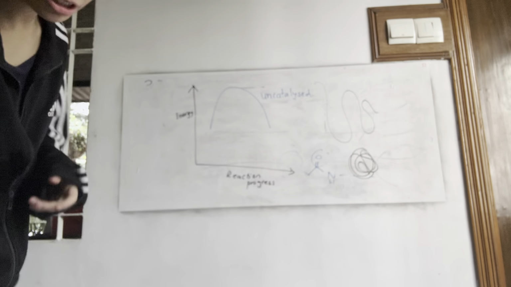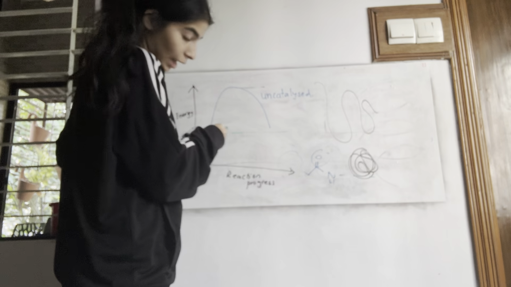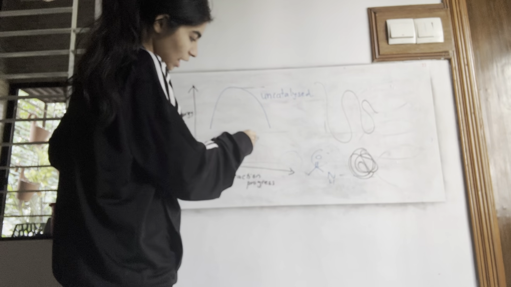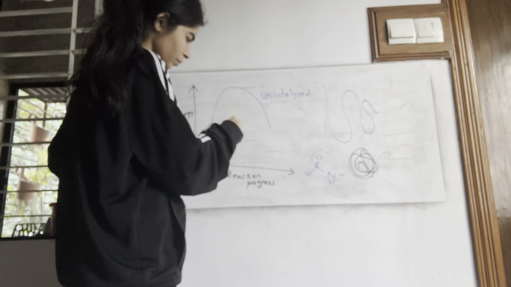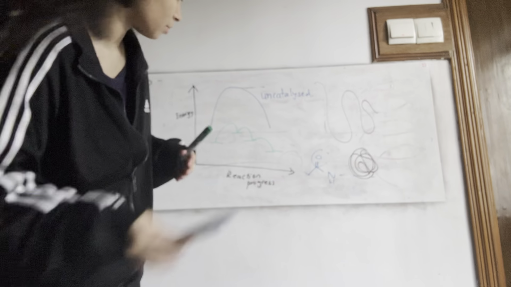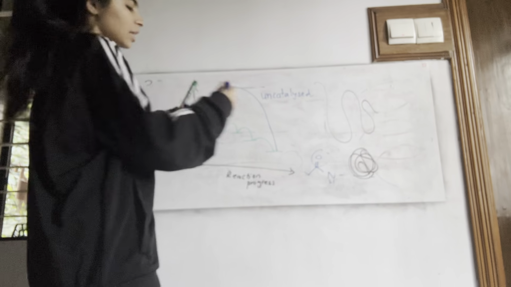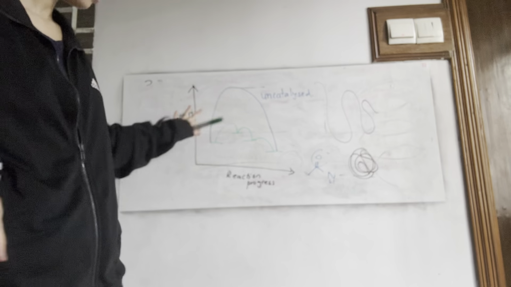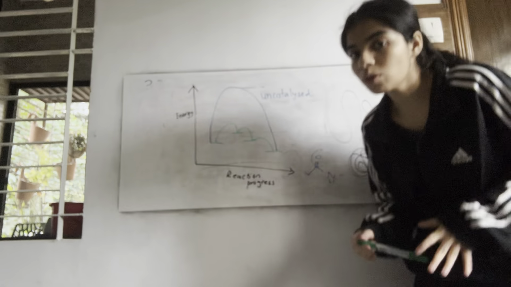But imagine if you just studied step by step. See how this makes it easier? Wait, hold on. I need a little space. It's still going to have the same starting and ending point, as you can see. So this is what an enzyme does.